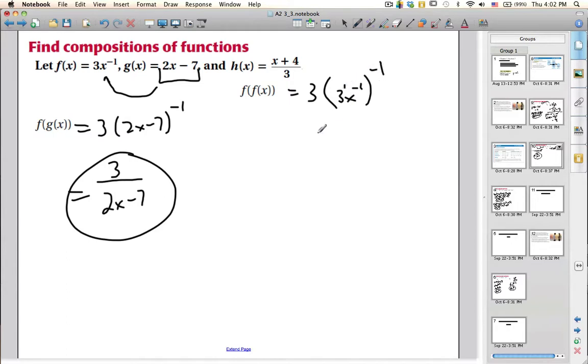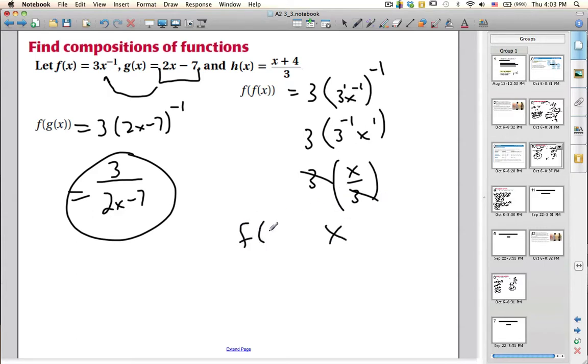So this becomes 3 times 3 to the negative 1 power, because 1 times negative 1 is negative 1. Negative 1 times negative 1 is 1. And I know that this is 3 times x over 3, because 3 to the negative power is the same as 1/3. And when I multiply those together, the 3's cancel, and I just get x. So f of f of x is equal to just x.